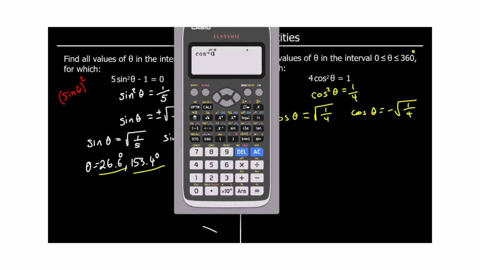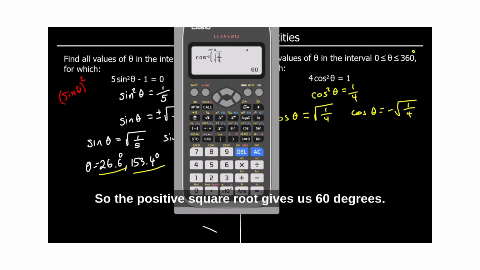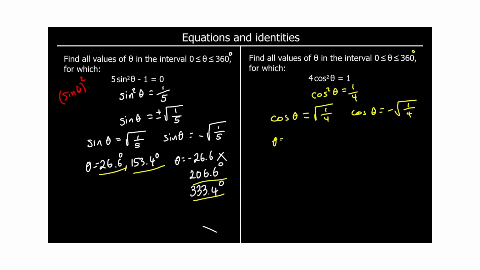Shift cos square root 1/4. So the positive square root gives us 60 degrees. With cos, to get the second answer, 360 minus the first answer, so 60 and 300.